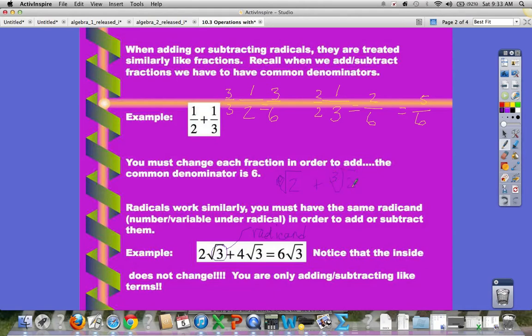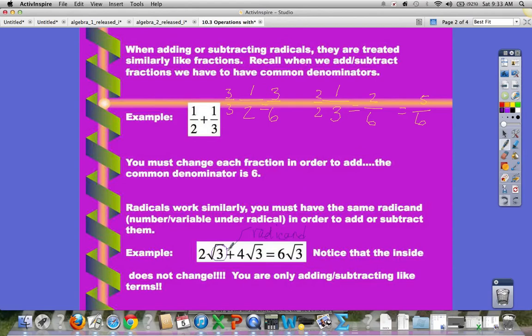Even though the radicands are the same, the indexes are different. This is not going to work. You can't do that as far as simplifying. So we won't ever have those. There will always be either square roots and square roots or cube roots and cube roots, so you don't have to worry about that.